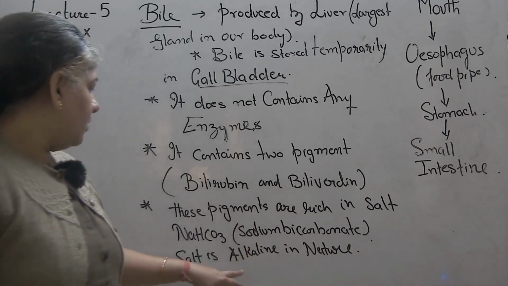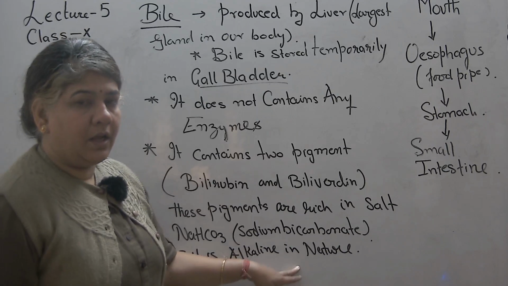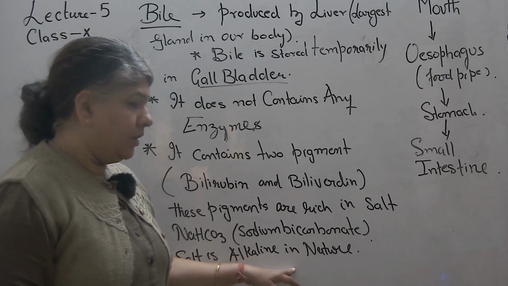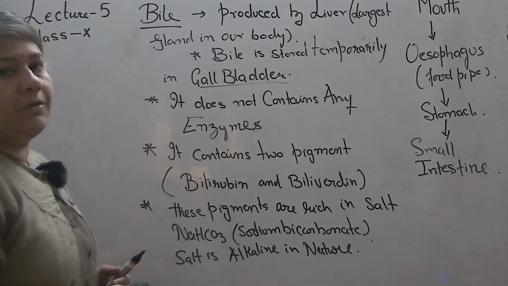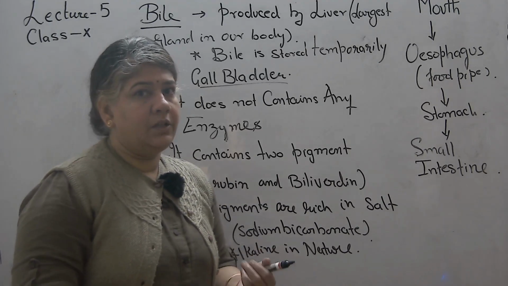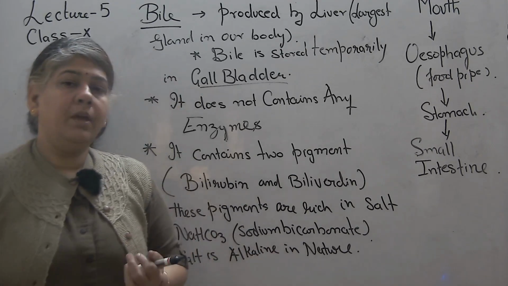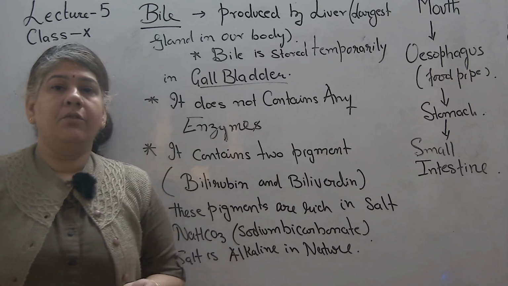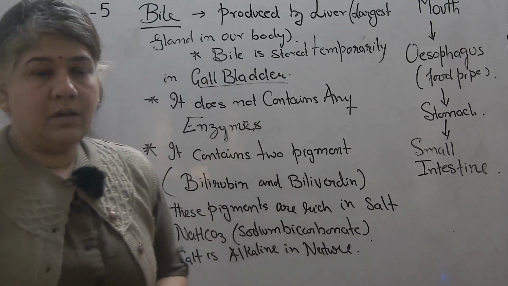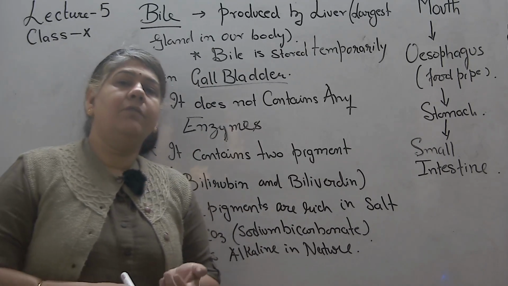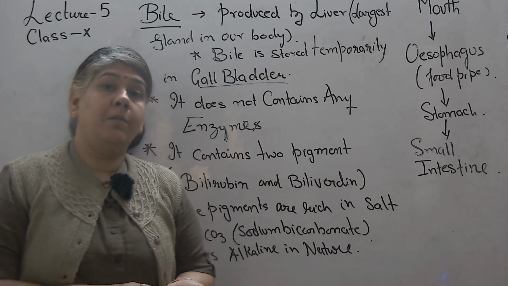Okay, so what does this alkalinity have to do with digestion? We'll see. The food that is coming from stomach is acidic in nature and it needs to be made alkaline for pancreatic enzyme and gastric juices to act, because pancreatic enzyme will only act in alkaline medium.